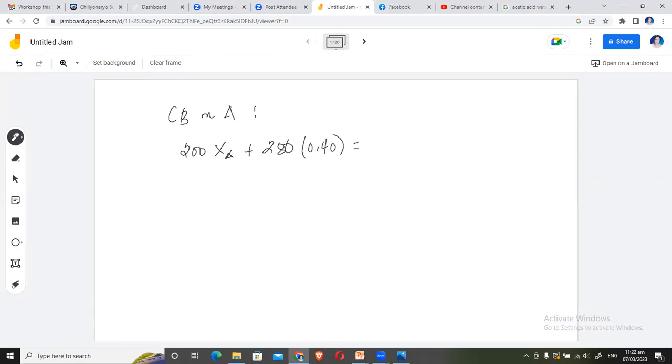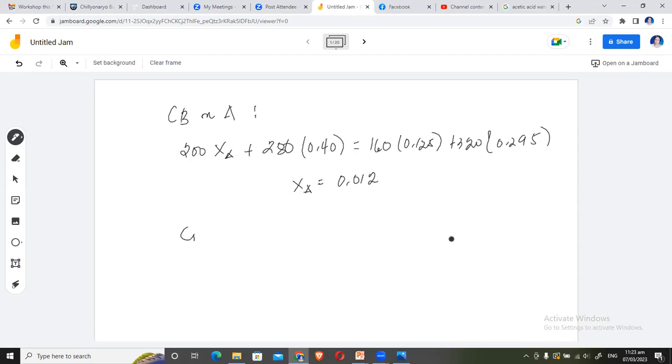Now our extract, which we computed to be 160, its A is 0.125 based on the figure. And our raffinate is 320 with this given composition on A, which is 0.295. So from here, you'll be able to get the XA, which is equal to 0.012.